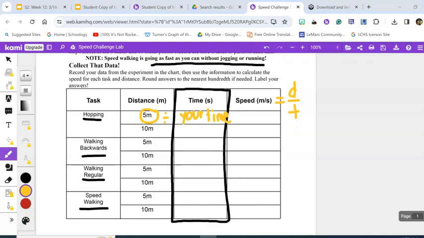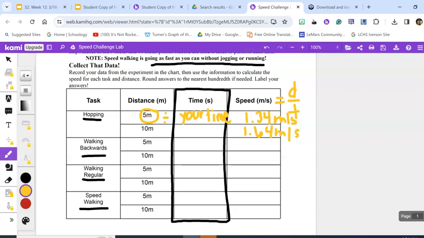All right, I'm just going to give you a couple examples up here. So let's just say that your speed for hopping 5 meters was 1.34. Okay, and that's meters per second. And then let's say your speed for hopping 10 meters was 1.64 meters per second. Which one of those times is faster? 1.64, right?